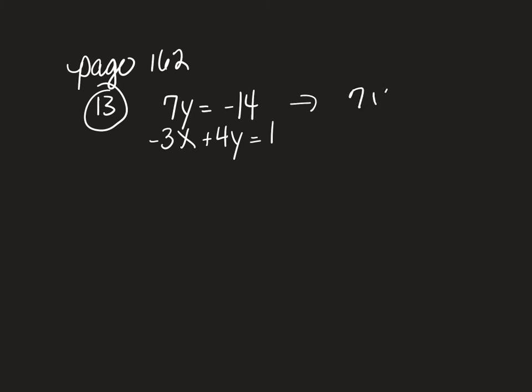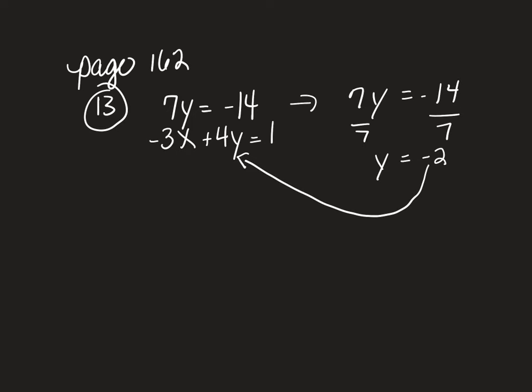So 7y equals negative 14. I'm going to divide both sides by 7. Y is going to equal what? Negative 2. Okay? So then I take the value of y and I substitute it into this equation.